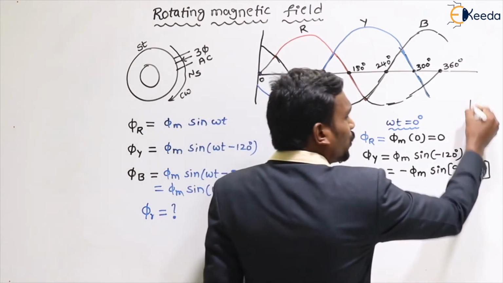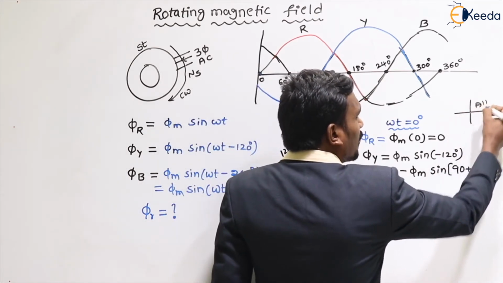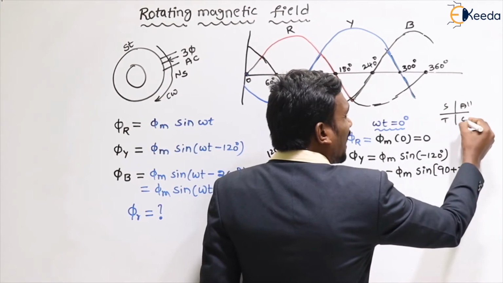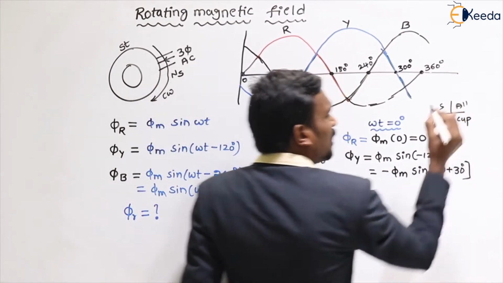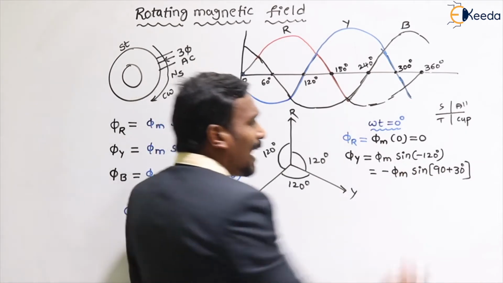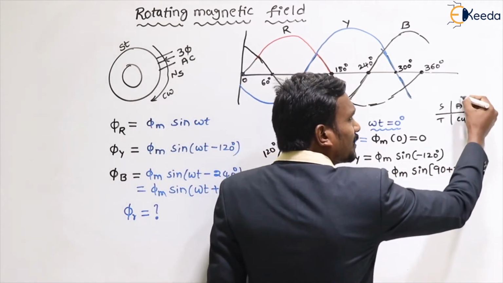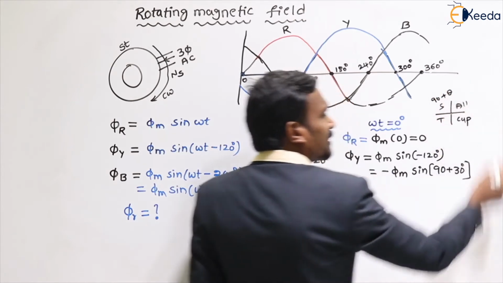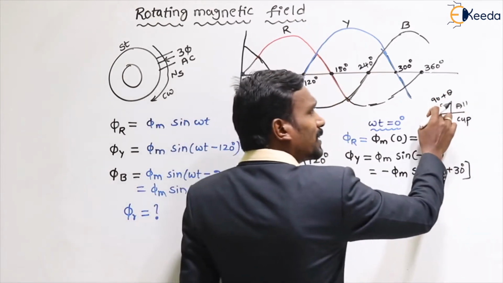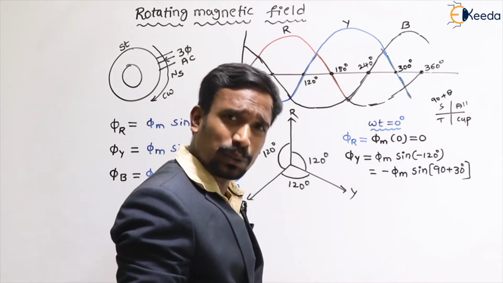Of course, I think you know very well, all silver tea cup. This is a small trick to know these values. 90 plus 30 degrees: this is 90 minus theta, this is 90 plus theta. So in this quadrant, the sign is positive.